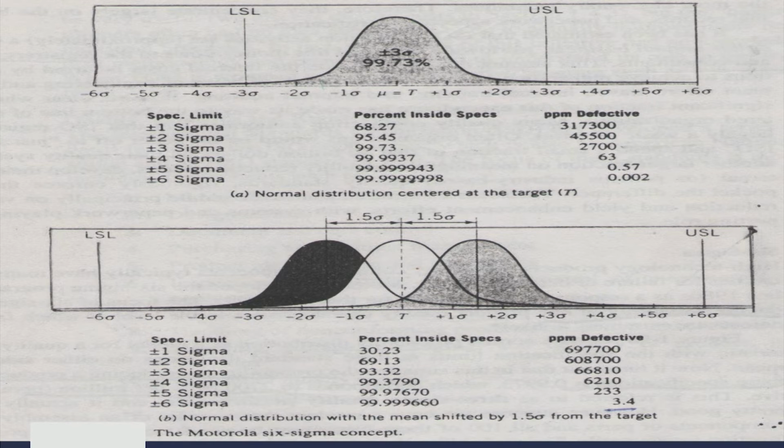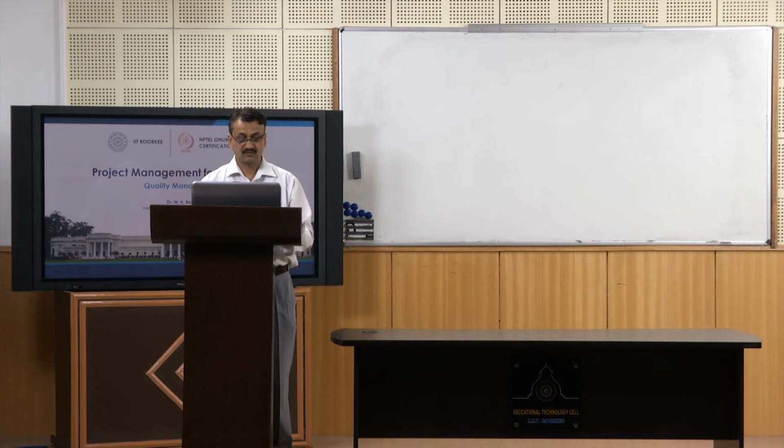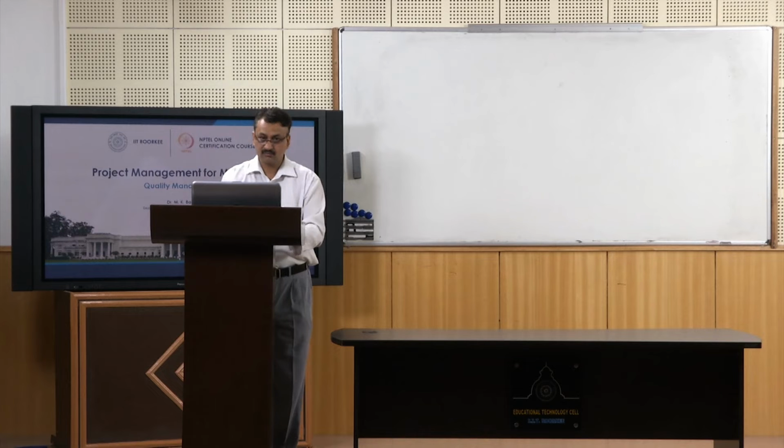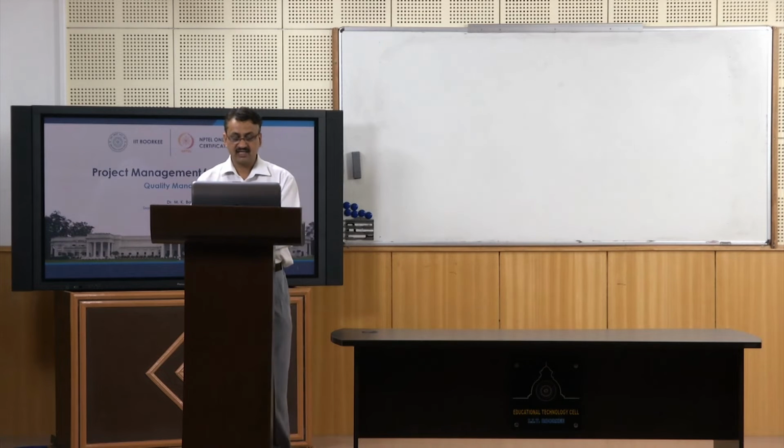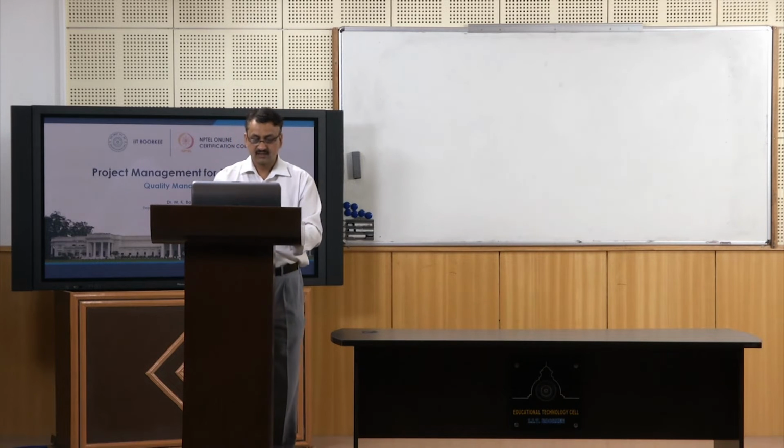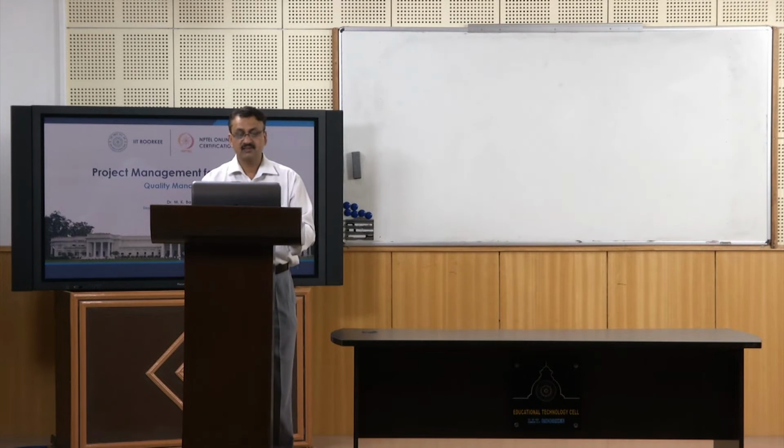Whenever we say that in 6 sigma the number of defectives is 3.4 ppm, we should always say that it is with a shift of 1.5 sigma on both sides, left side as well as right side. So, this is the 6 sigma concept.